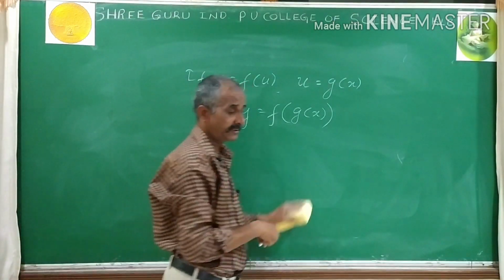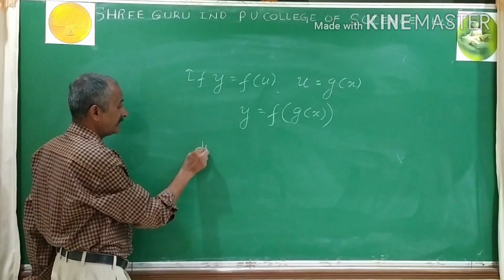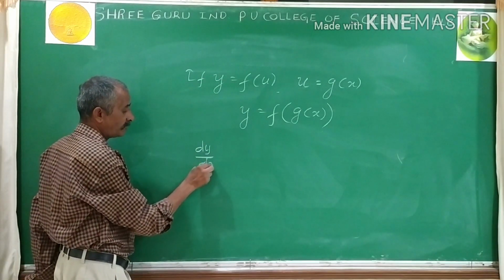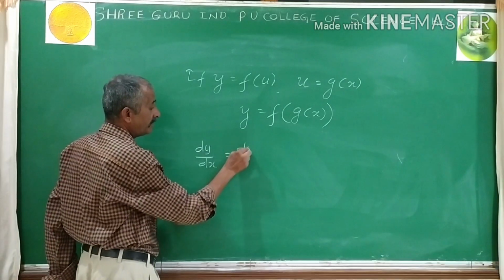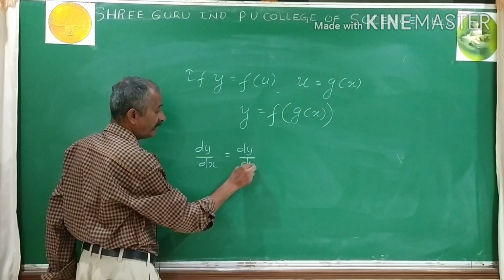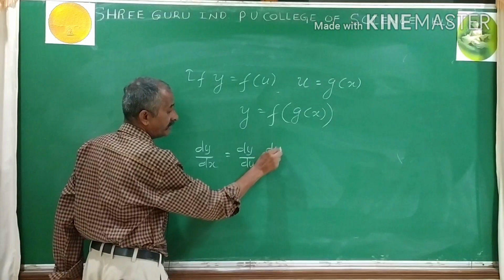Now in such cases, dy by dx is calculated by the formula: dy by dx will be equal to dy by du multiplied by du by dx.